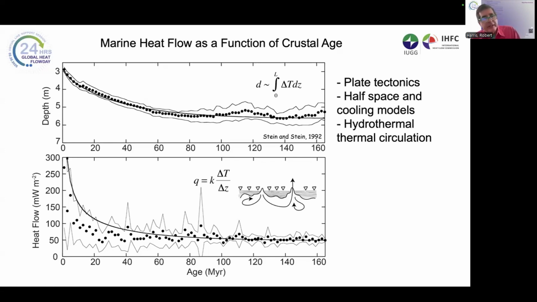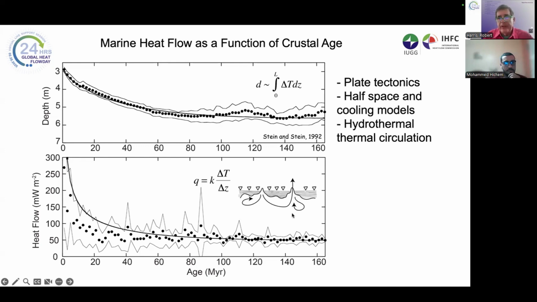And there's really two indications of hydrothermal circulation. One is this heat flow deficit, but also a great variability. So these thin lines are the standard deviation of the data. Marine hydrothermal circulation is a buoyancy driven flow where, at areas of exposed basement, the fluids might flow in and intercept heat that's otherwise flowing out, and then advect that heat through other exposed basements.